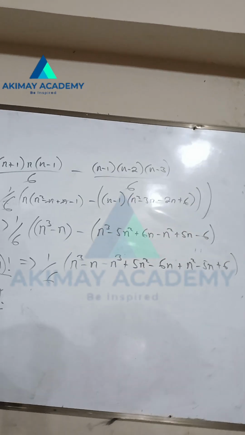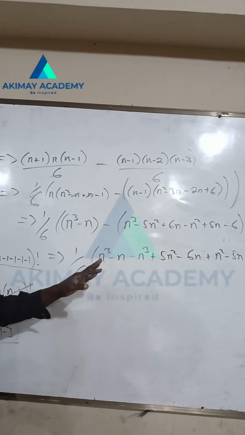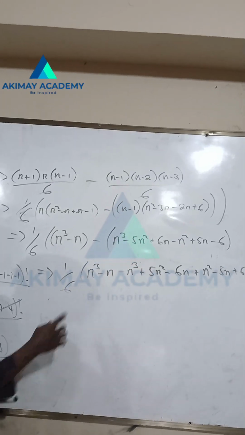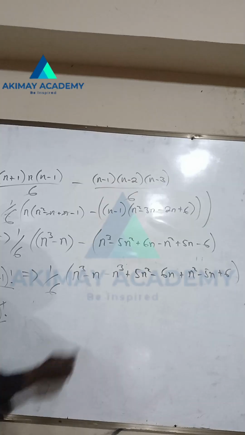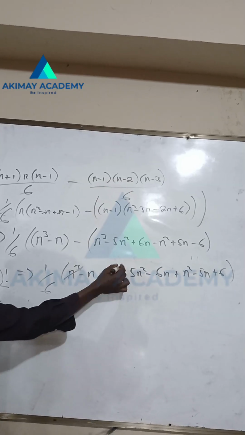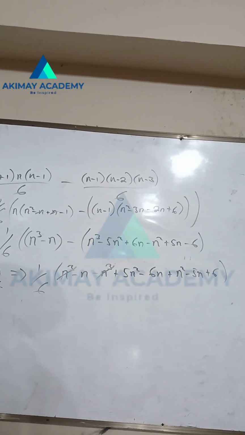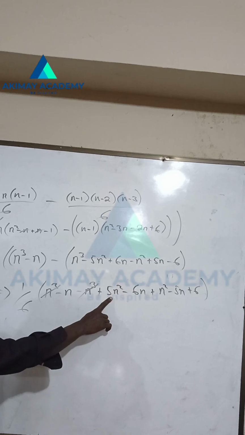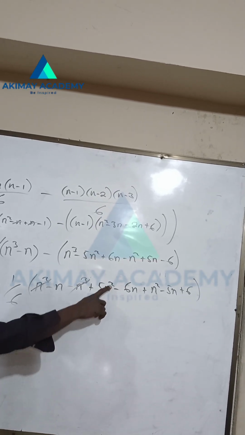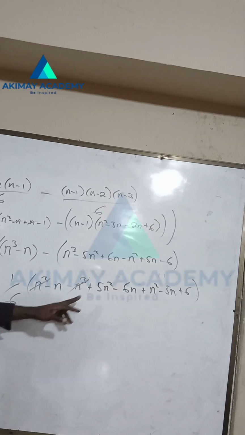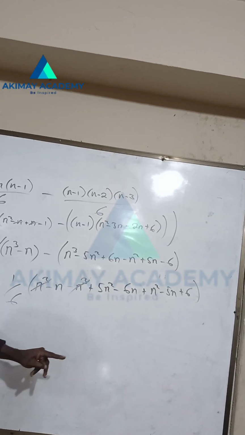Now you can simplify, you can cancel the similarity. So we have n cubed minus n cubed. So this will take care of this. Then we have 5n squared, which is positive.